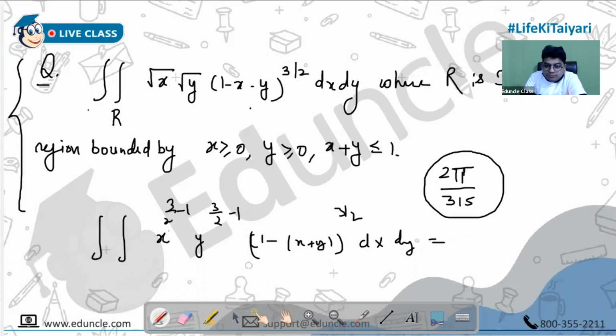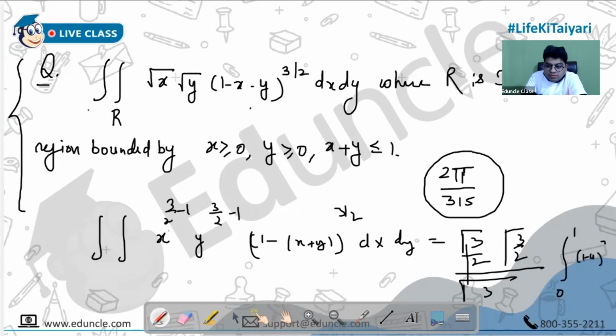Gamma 3 and the integration, that is 0 to 1, since x plus y is less than 1, so 0 to 1, and f(u) meaning 1 minus u to the power 3/2 and u to the power 3/2 plus 3/2 minus 1, that is 3/2 plus 3/2 is 3, 3 minus 1, du.